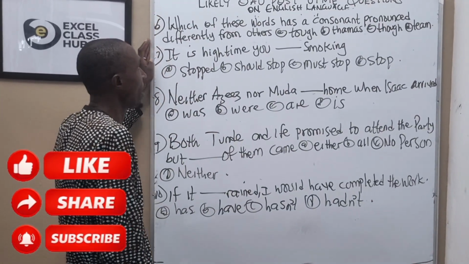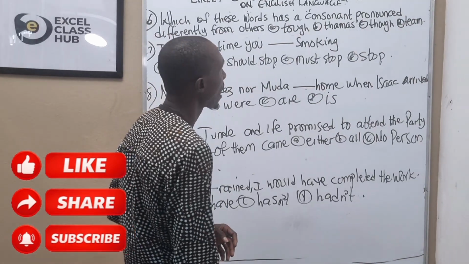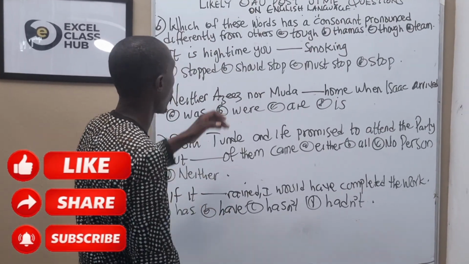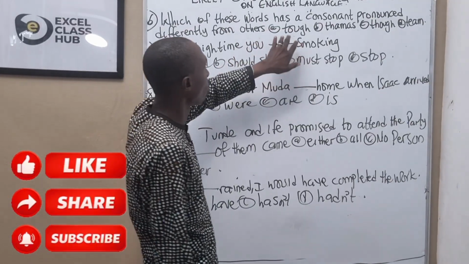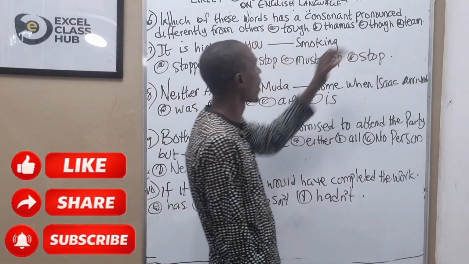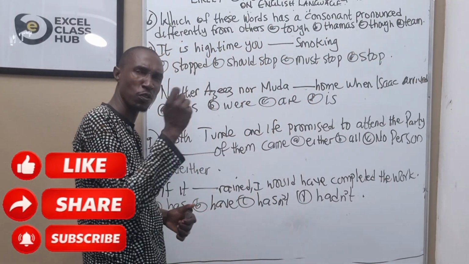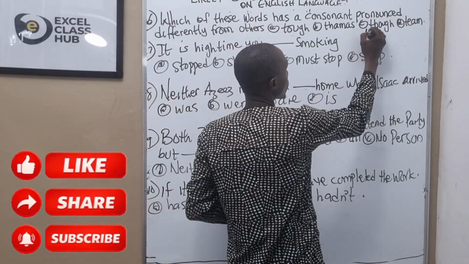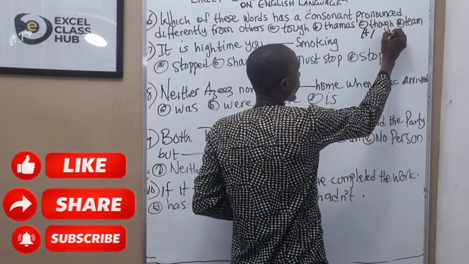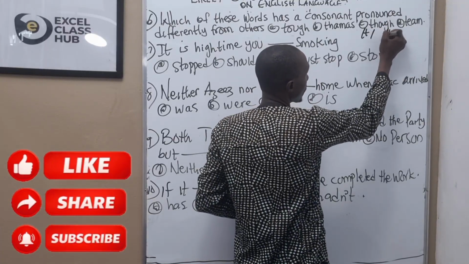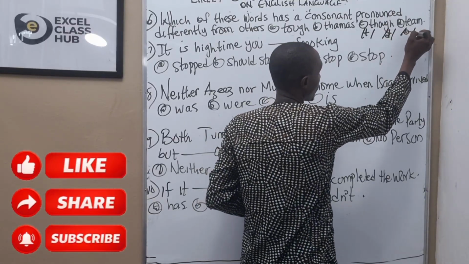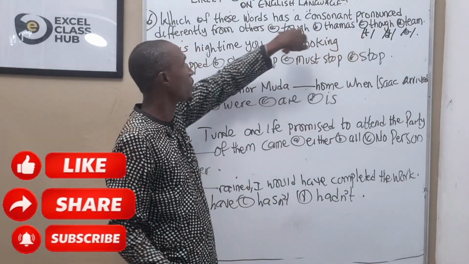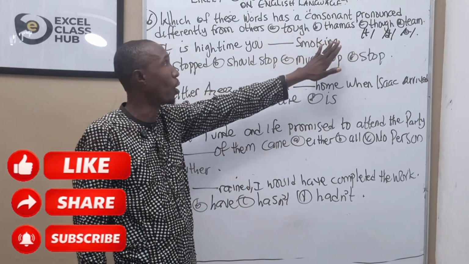Thank you. Question 6. Which of these words has a consonant pronounced differently from others? Here, we are asked to identify a consonant. Let me explain this. We have consonant T, consonant D, and consonant T. These three relate to the options that we have on the board.